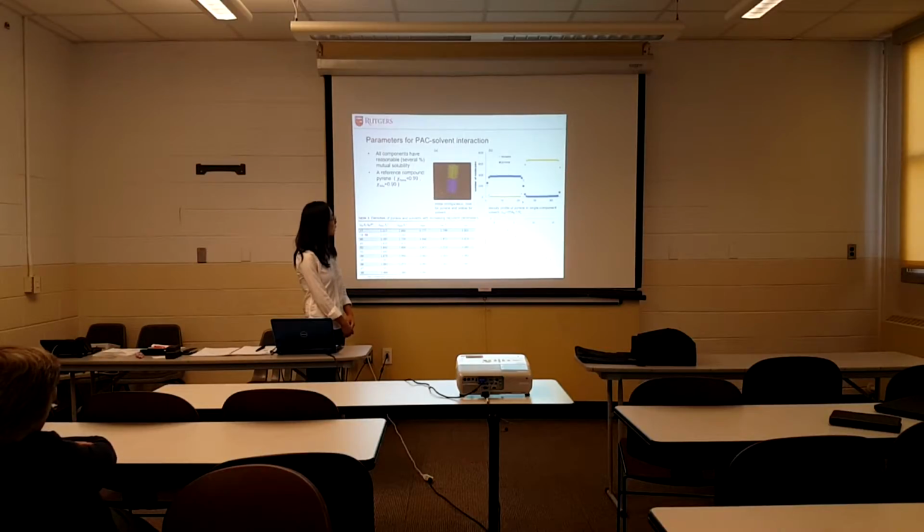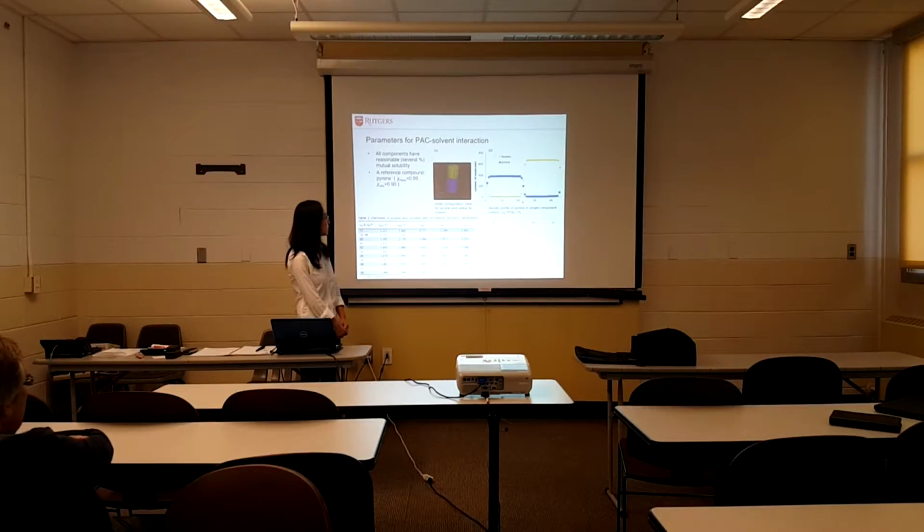Because the solubility of pyrene in hexane is about 99%, and the solubility of pyrene in toluene is about 90%. So we think those can simulate the subtle behavior of the asphaltenes.